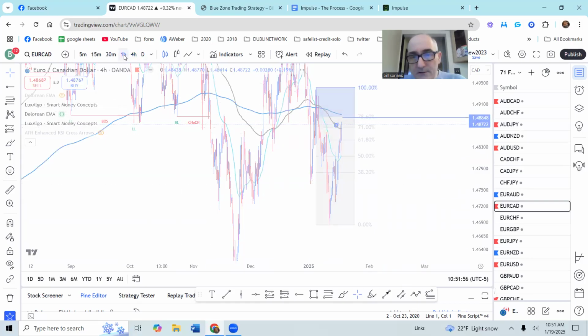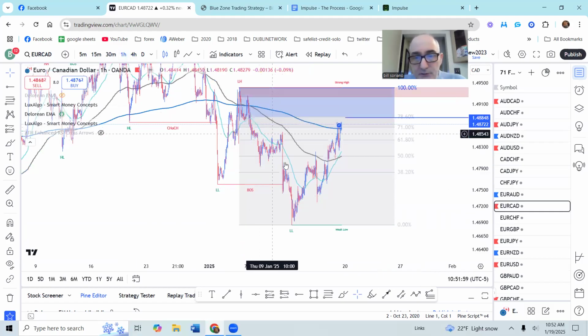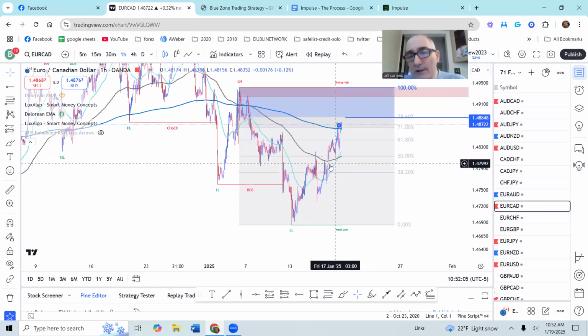And then when you drop down to the 1 hour, you had a bearish bias here as price moved to this low. And now, as price is working its way back to our blue zone, the 50 will cross the 200. It has to do that in order to get back to our blue zone. It may even cross this 800 as well, okay?